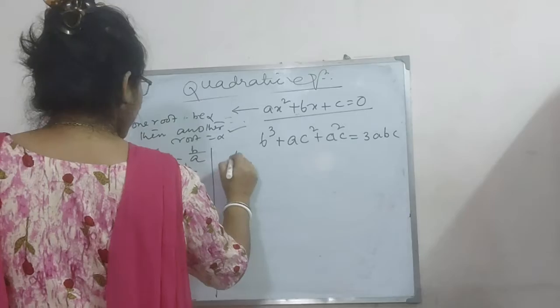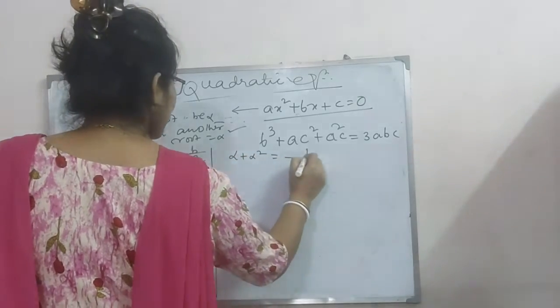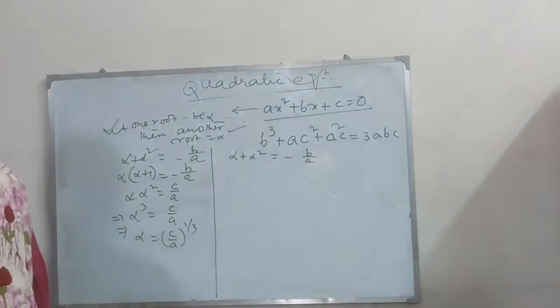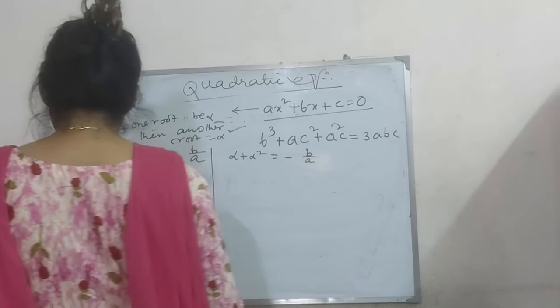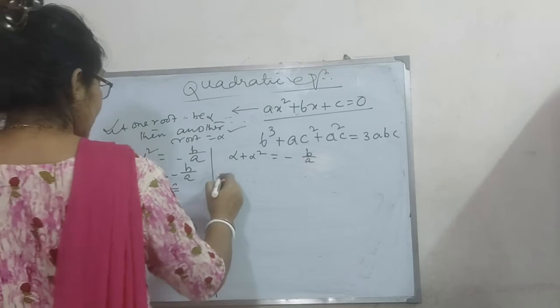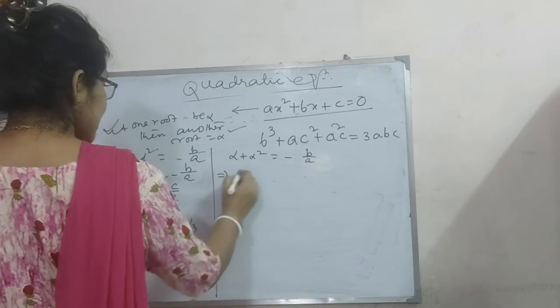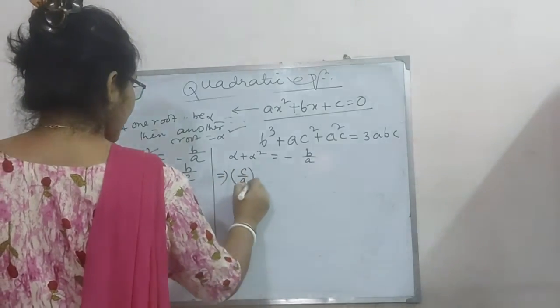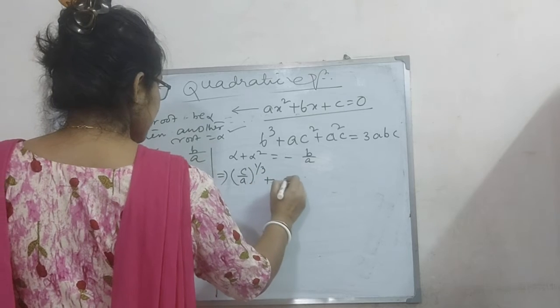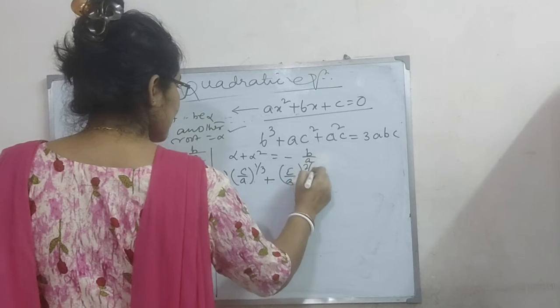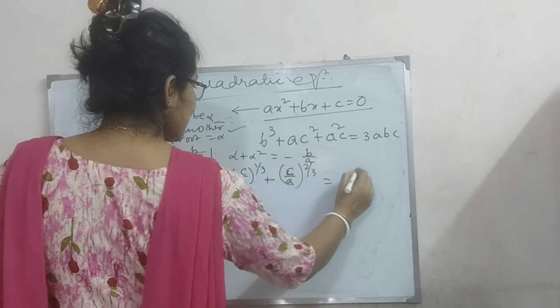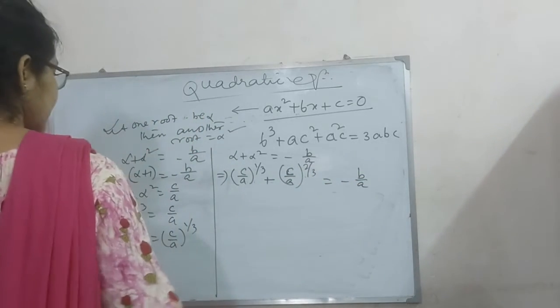We have alpha plus alpha square equal to minus b by a. If I write alpha equal to c by a whole to the power 1/3, and alpha square equal to c by a whole to the power 2/3, this equals minus b by a.